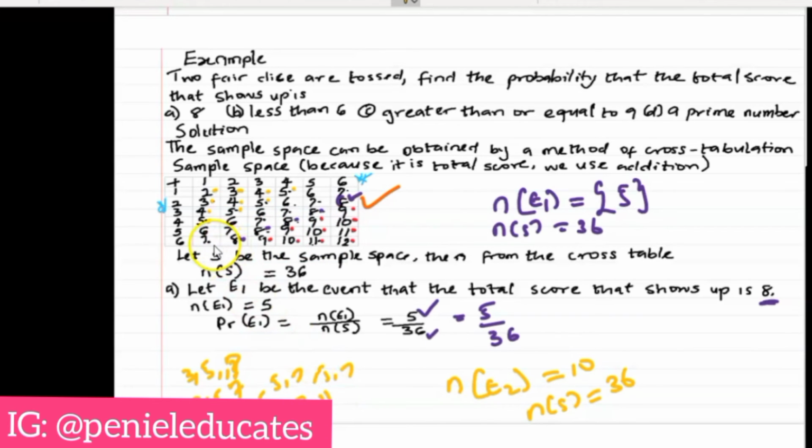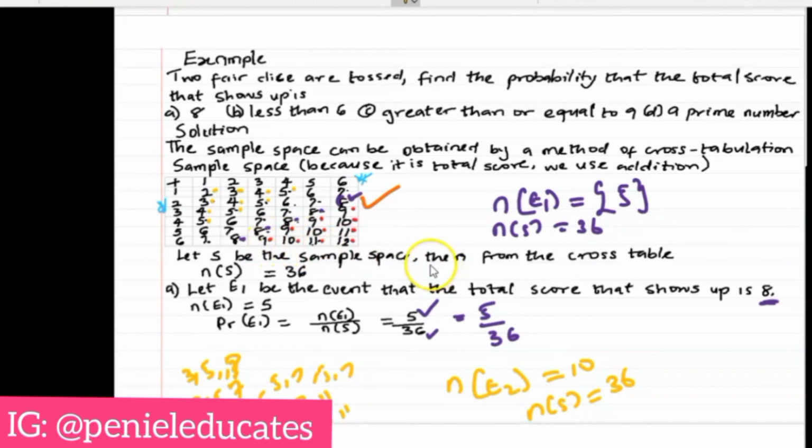And in the last row, I have 7 and 11, another 7 and 11. So if you count this, 1, 2, 3, 4, 5, 6, 7, 8, 9, 10, 11, 12, 13, 14. Which other one have we not gotten? Oh, we have 7 and 11 here.